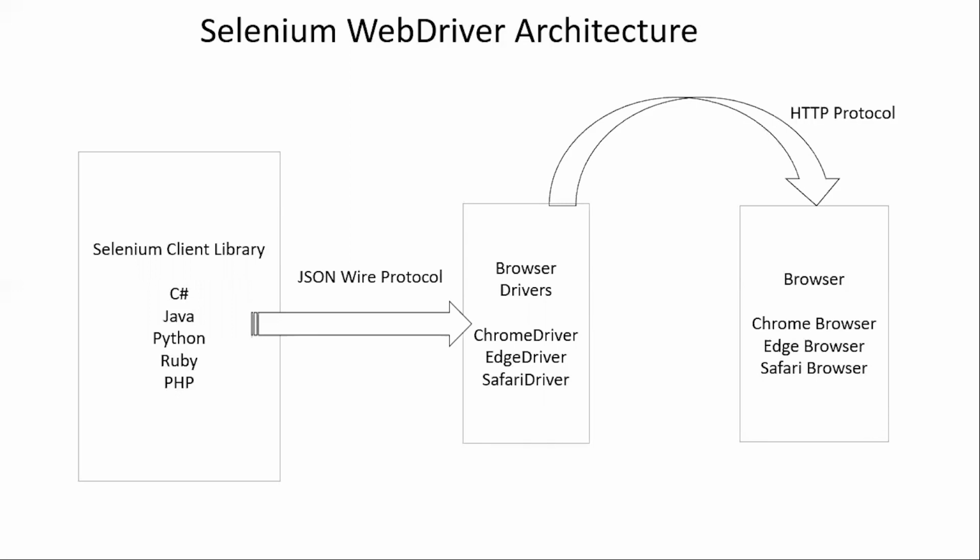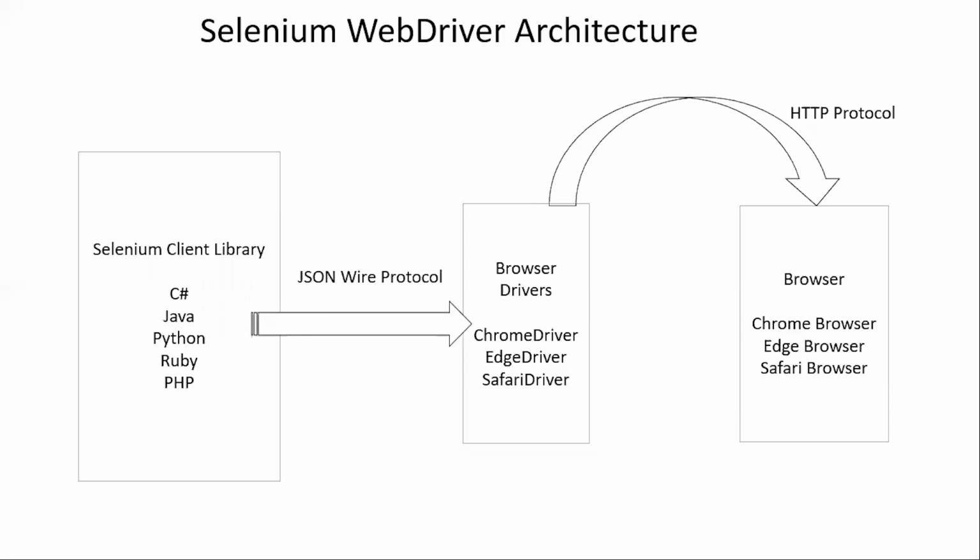The browser driver instance understands the JSON, creates an HTTP request out of it, and sends it to the browser. If the browser gets a command, it can be a get command or a post command, and it will execute that command on the browser.